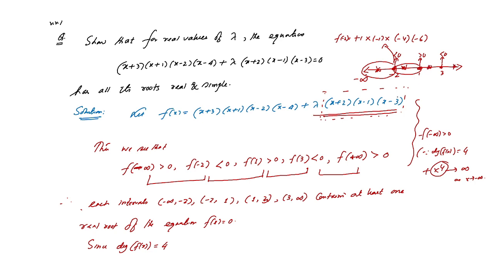So you will see 4 roots are already there. Since the degree of f of x equals 4, we can conclude that all its roots are real and simple.